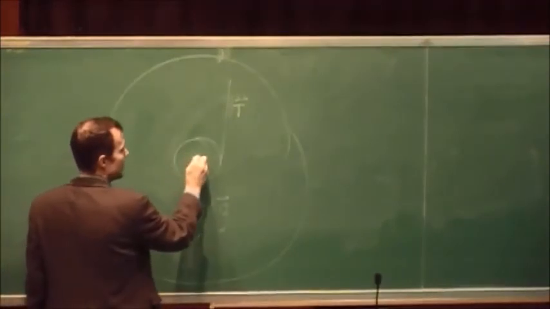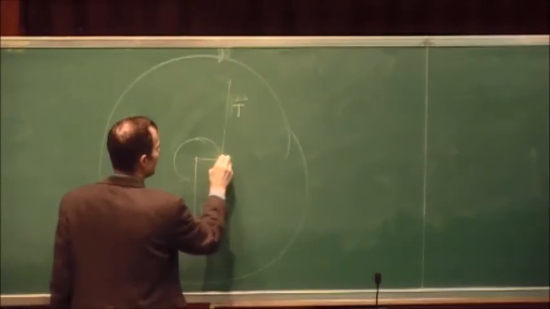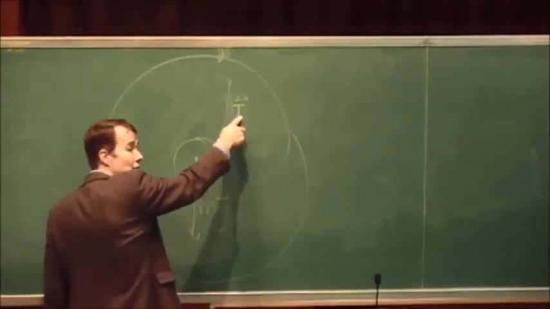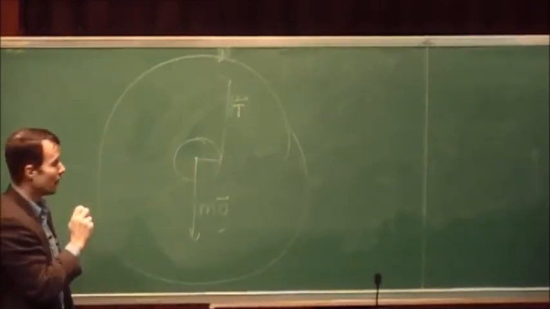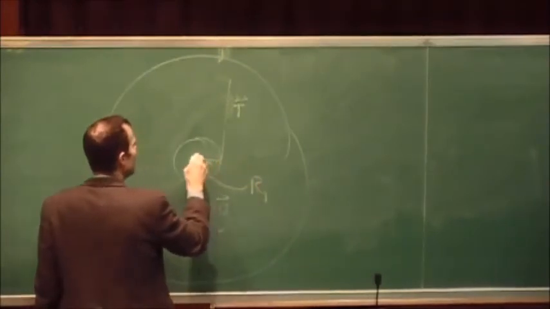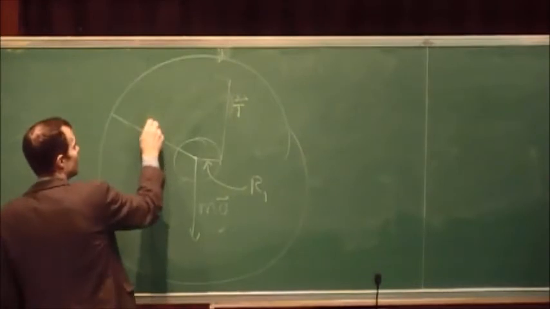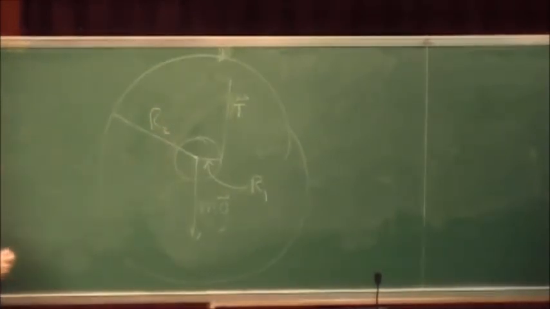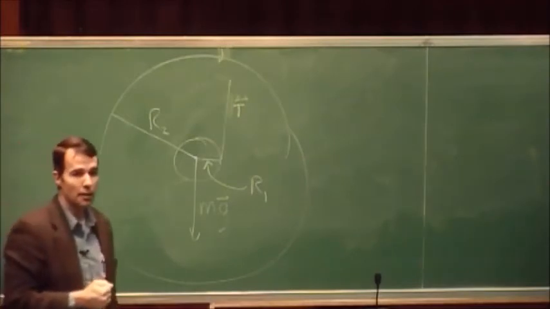This distance is the distance over which the tension acts relative to the center of mass. So this is what we're calling R1, and the size of the disk is R2. Is that clear?